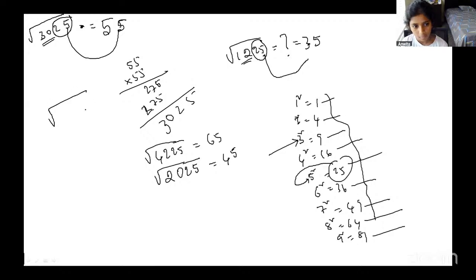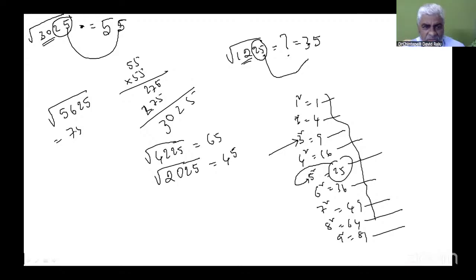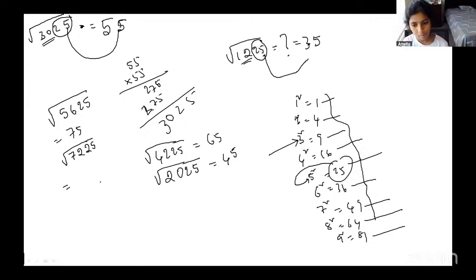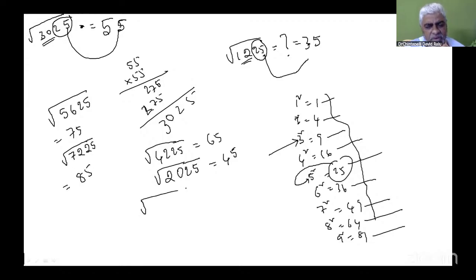One more example. The square root of 5625. 75, sir. Perfect. Correct. We don't have to check it. Yes, it's correct only. Now, 7225. 85, sir. Perfect. 85 correct only. The square root of 9025.